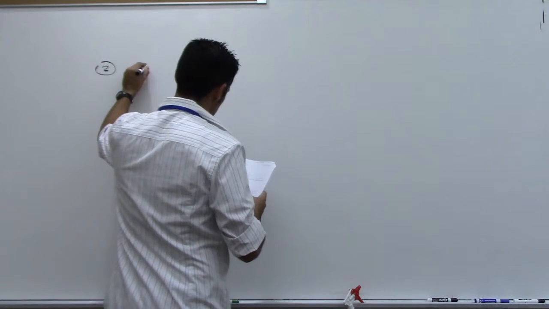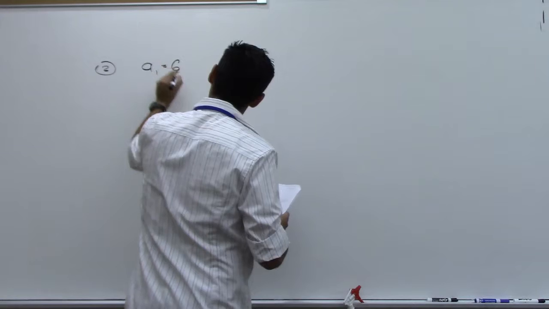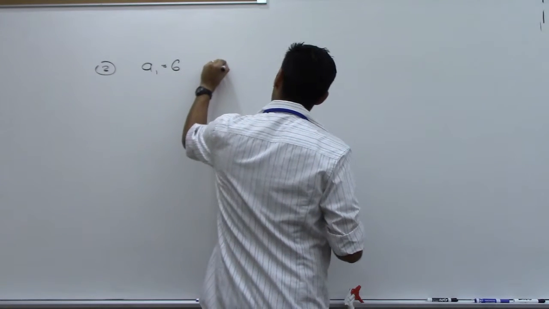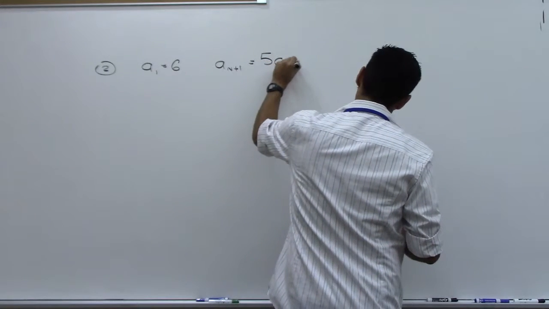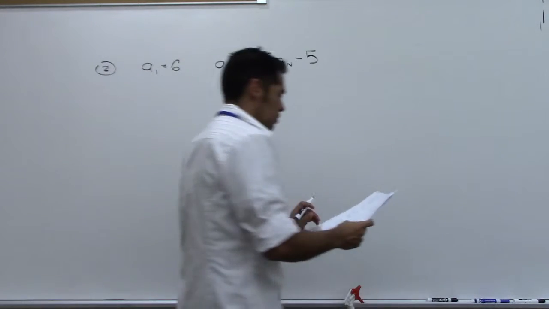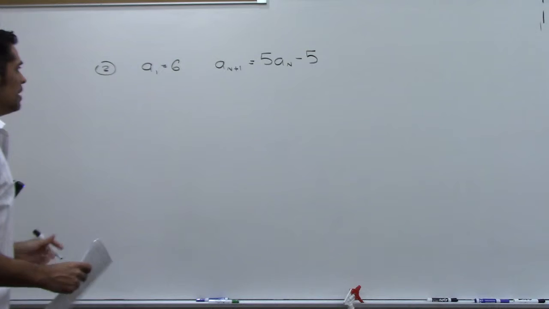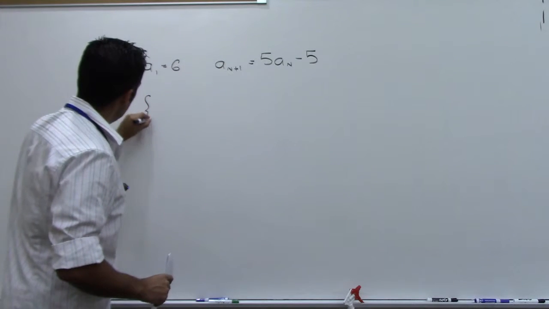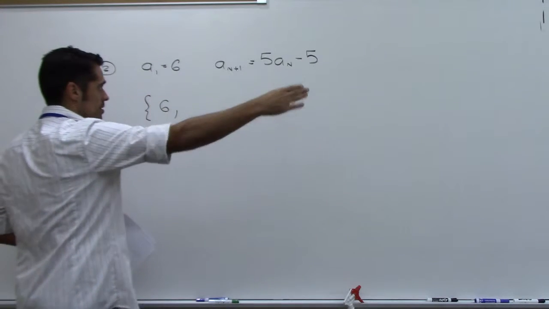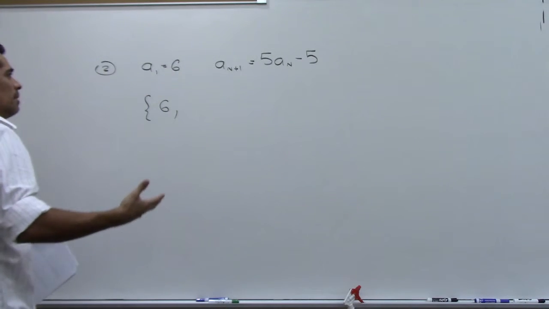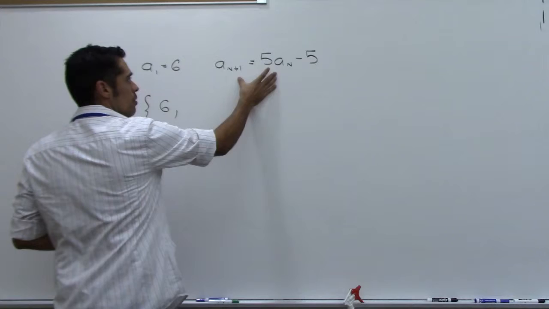2, they define a sub 1 to be 6. They define a sub n plus 1 to be 5a sub n minus 5. So this is what we call a recursive formula. For this sequence, they give you the first number in the ordered list of numbers, 6. And then every other number in this list can come from this formula.